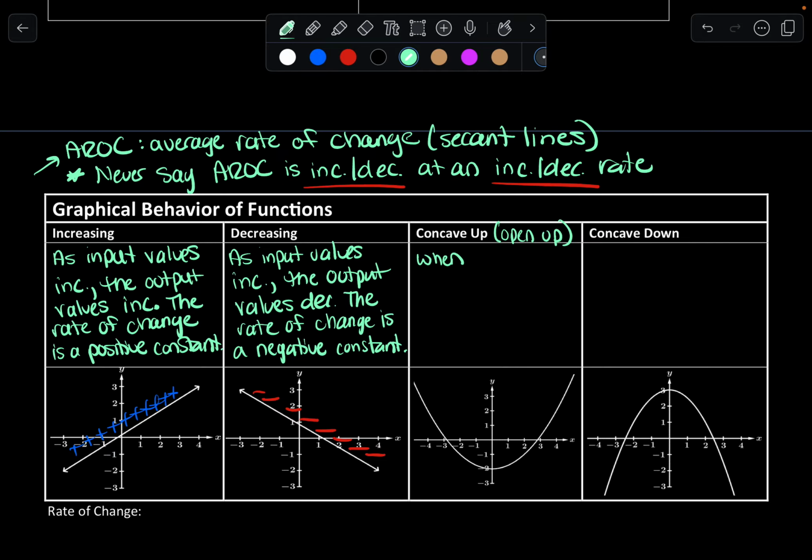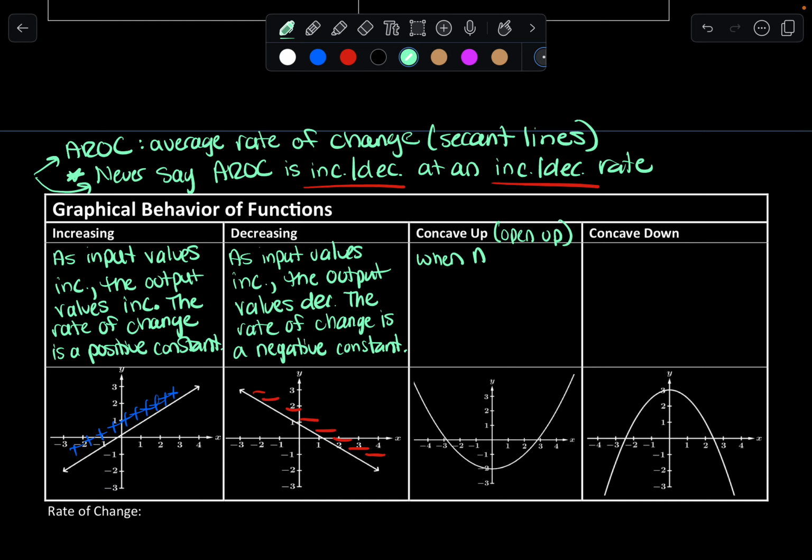This AROC, I'm using it as an abbreviation now for these definitions in order to save space. However, you do not want to write this on your AP exam, and I suggest that you don't write it in examples. So for definition's sake, we're going to use it, but avoid using it in examples, and I will too.